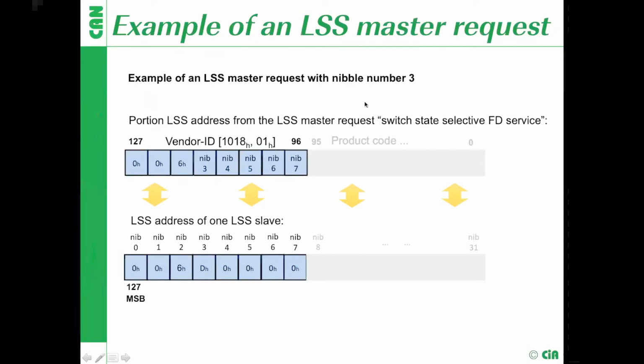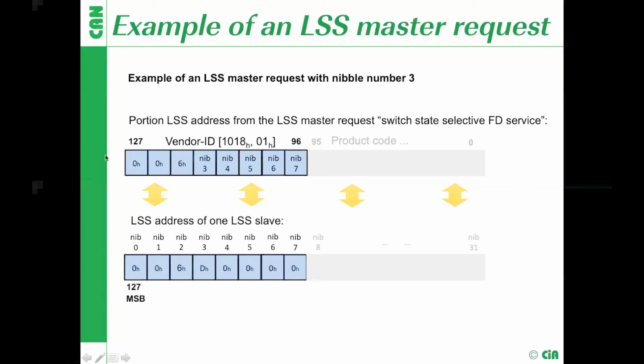So for detail, let us see this example. In this example, the LS master sends a request to check the value of the neighbor number 3.